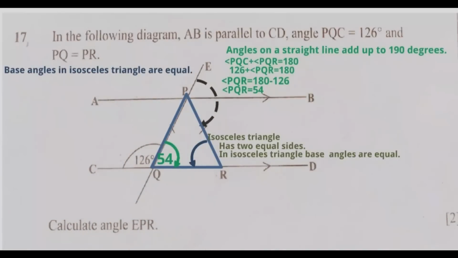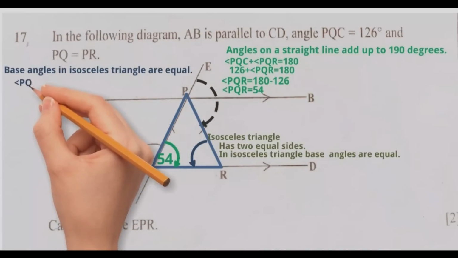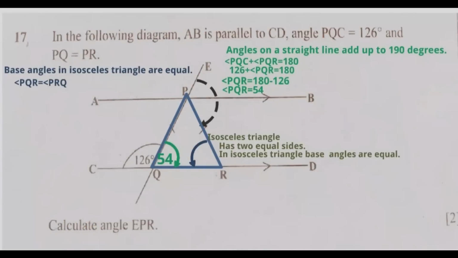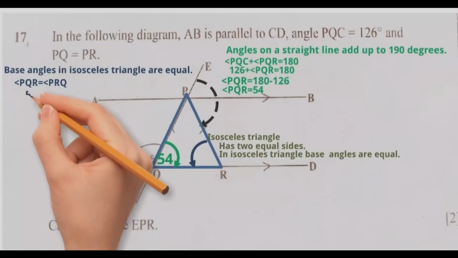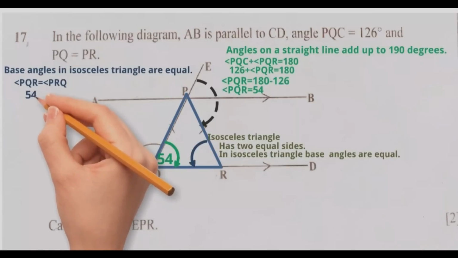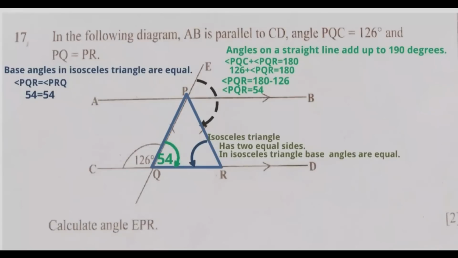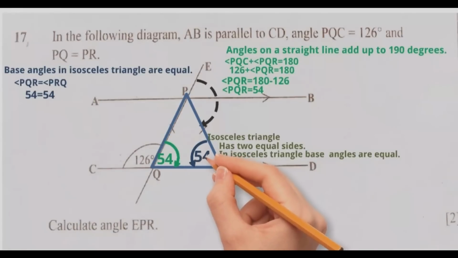So that means angle PQR is equal to angle PRQ. Therefore, angle PQR is equal to 54, which is the value of angle PRQ. So angle PRQ is also 54 degrees.